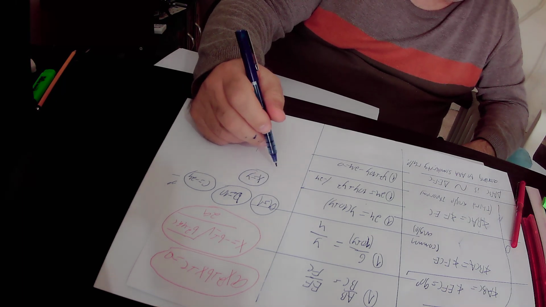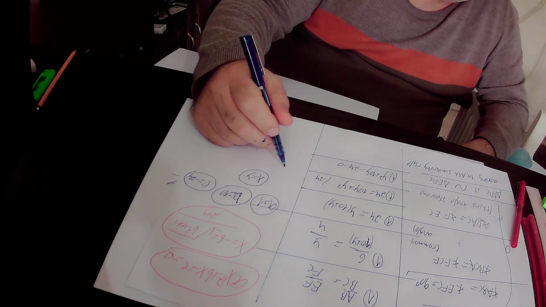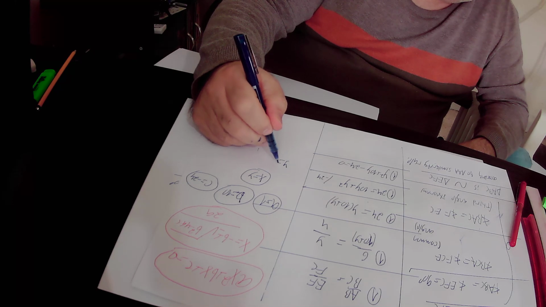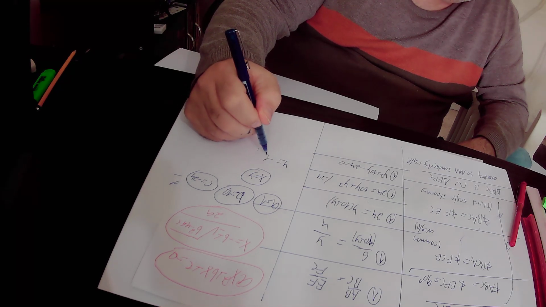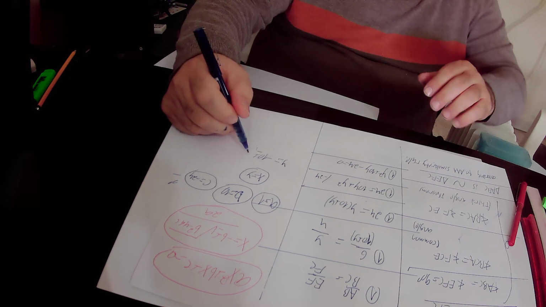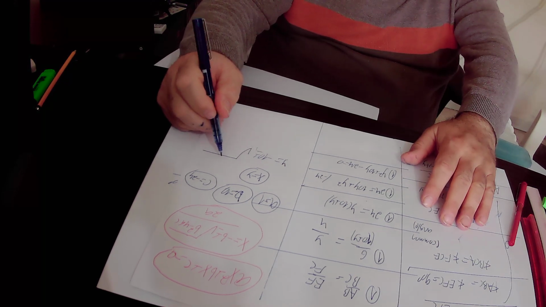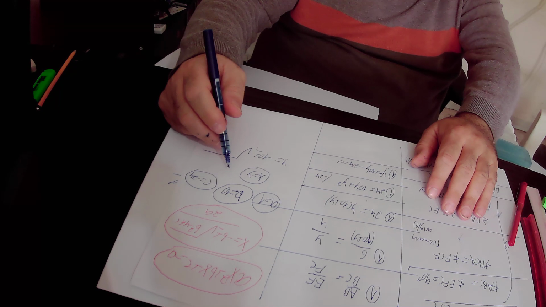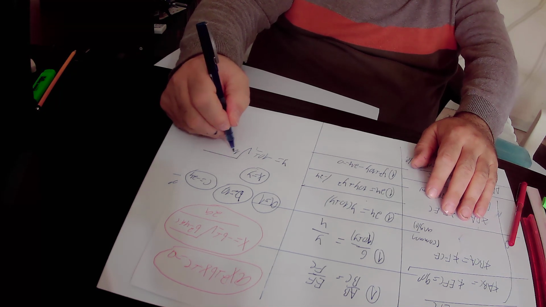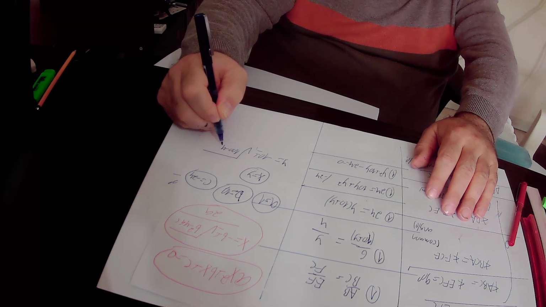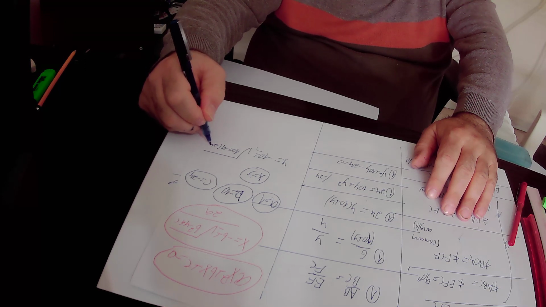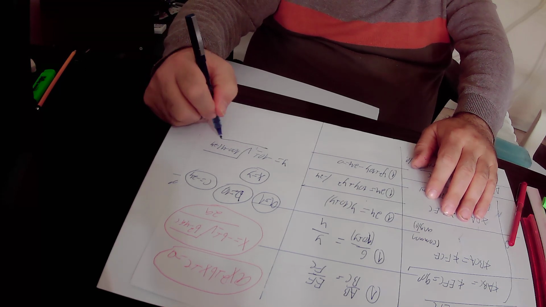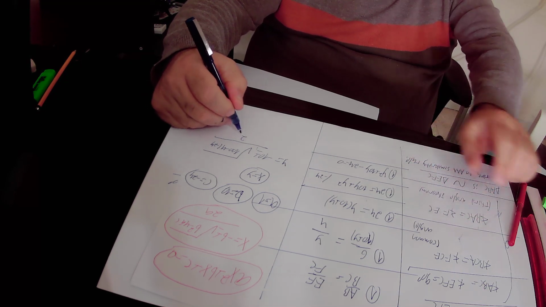So y is equal to minus b, b equals 10, so minus 10, plus or minus the square root of b squared. b is 10, so b squared is 100, minus 4 times a, which is 1, times c, which is minus 24. Over 2a, a is 1, so 2 times 1 is 2.